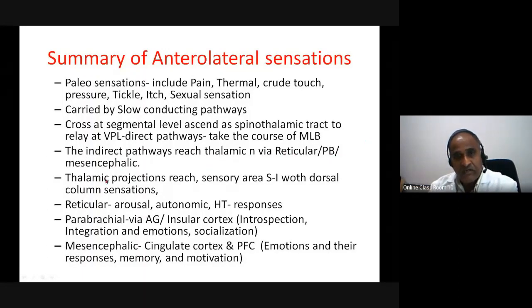From here, it will reach the thalamus and other areas of the brain. Thalamic projections, especially the direct ones, reach S1, the somatosensory area 1, with the dorsal column sensations. The reticular sensations ascend to the thalamus via the reticulothalamic tract.